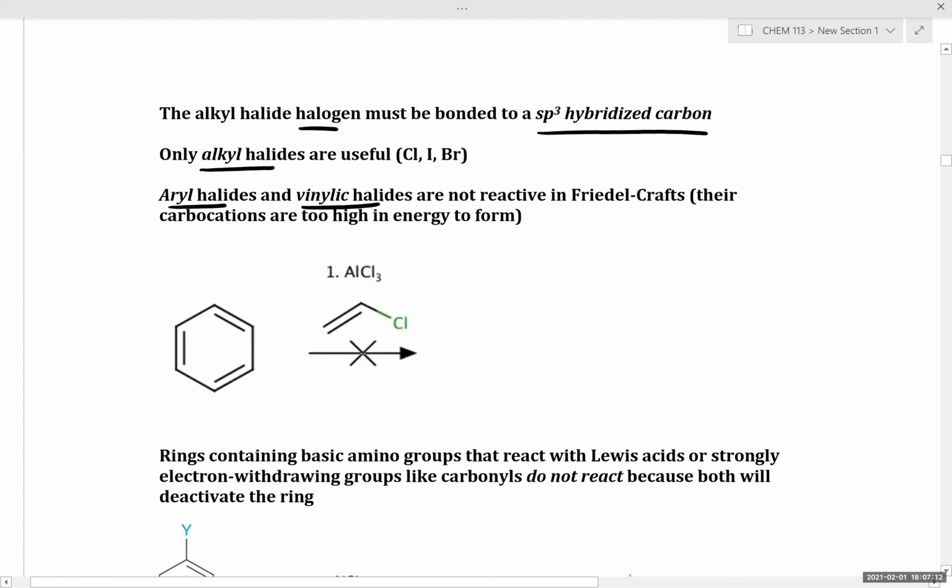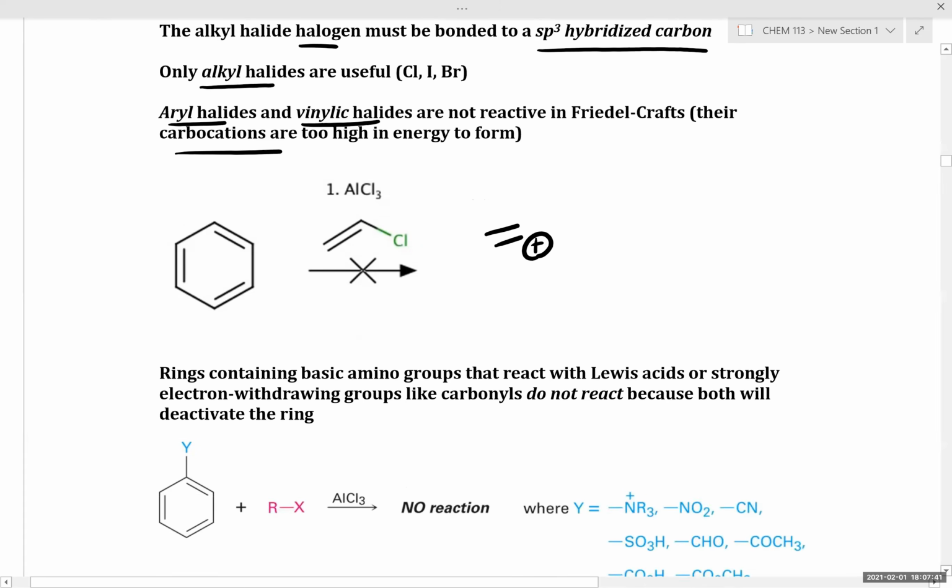Aryl halides and vinylic halides are not reactive because the carbocations are too high energy to form. So a lot of the principle behind what makes a viable electrophile, or carbocation, to react via Friedel-Crafts alkylation is based on this idea of carbocation stability, right? We're never going to get a vinyl carbocation easily, for that matter.